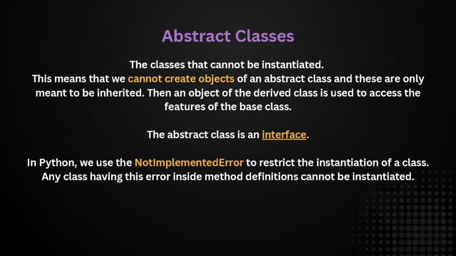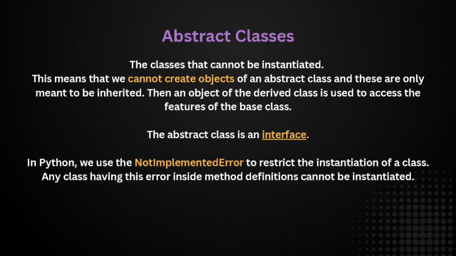Let's see them. Abstract classes are the classes which cannot be instantiated. Therefore, we cannot create objects of the abstract class, and these are only meant to be inherited. So the only way of using the attributes and methods of an abstract class is to inherit it. You cannot instantiate an abstract class.